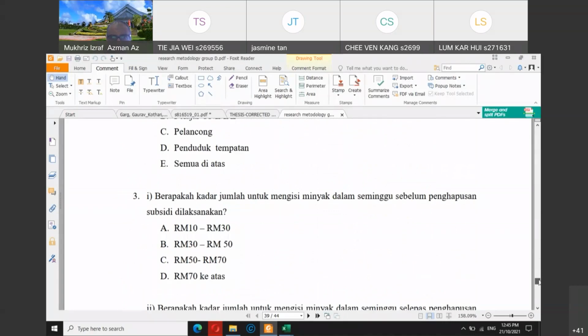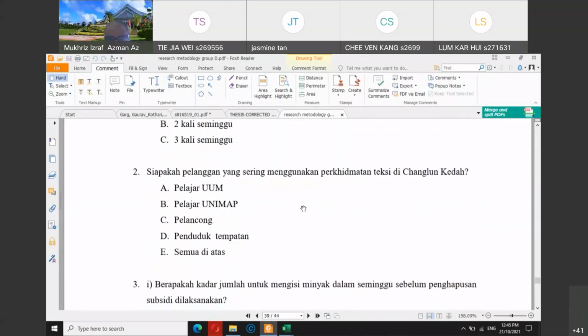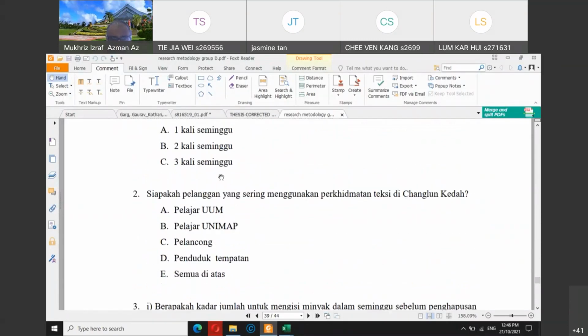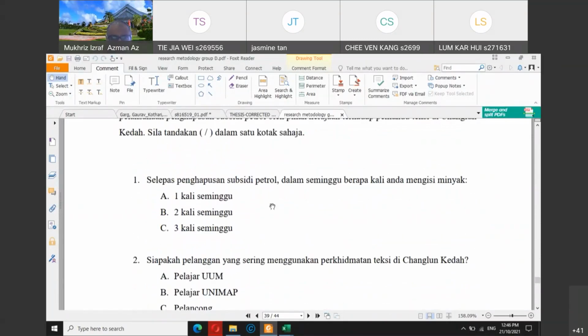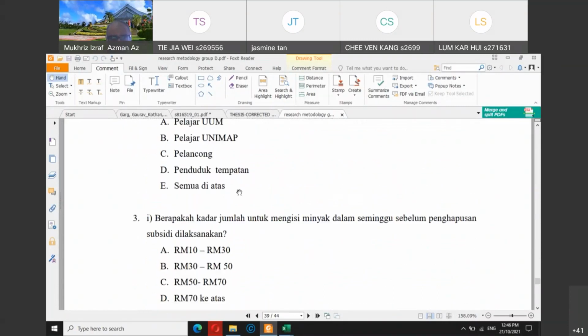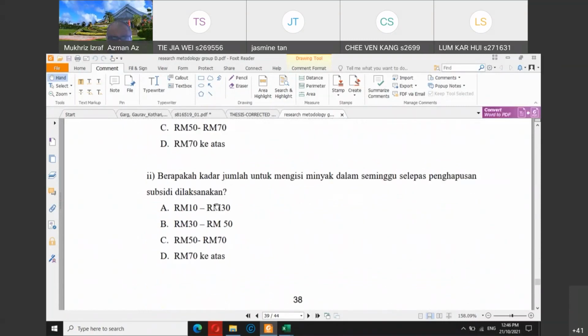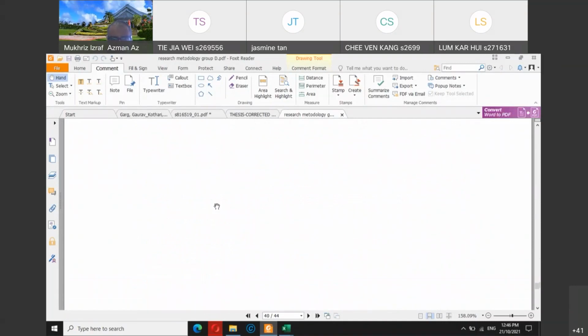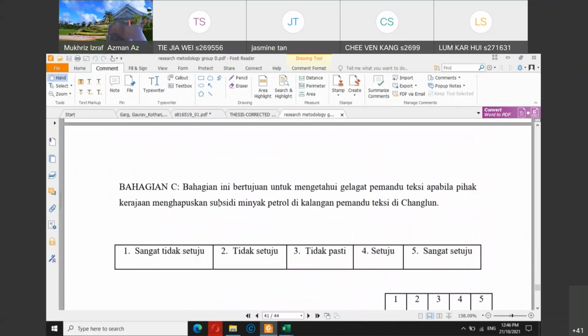Again, many of the questions were designed from scratch. For example, how many times do they need to refuel the petrol? How much do they spend every time they refuel? Where do they go? Especially the Likert scale questions, the scale of 1 to 5.